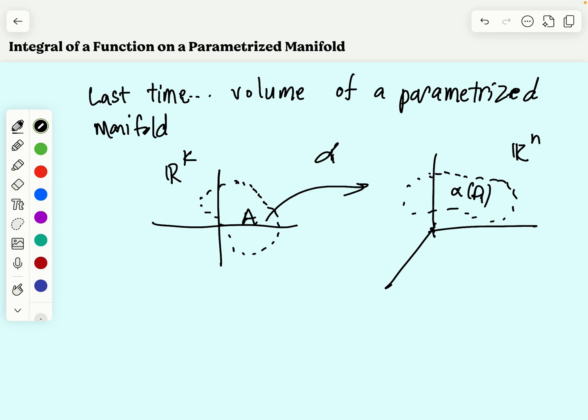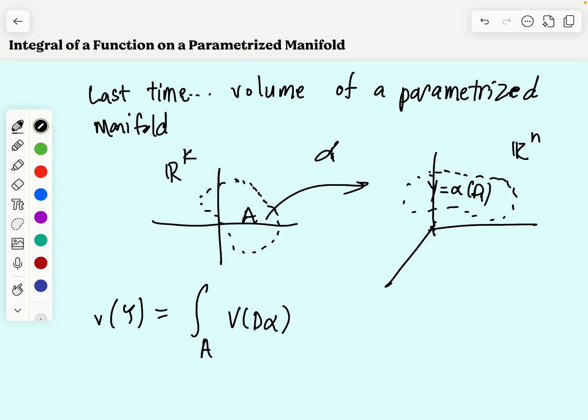That's a notation, fine. Then the volume of Y was defined to be the integral over A of V of d alpha.